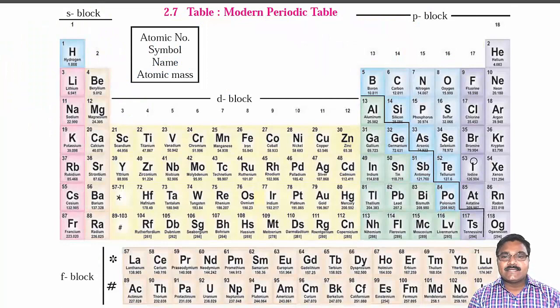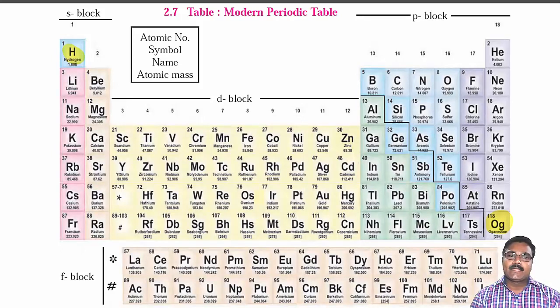Here you will see a picture of the modern periodic table. Clearly, it is seen in the picture that elements from hydrogen to oganesson, that is from atomic number 1 to atomic number 118, all 118 elements are arranged in this periodic table.